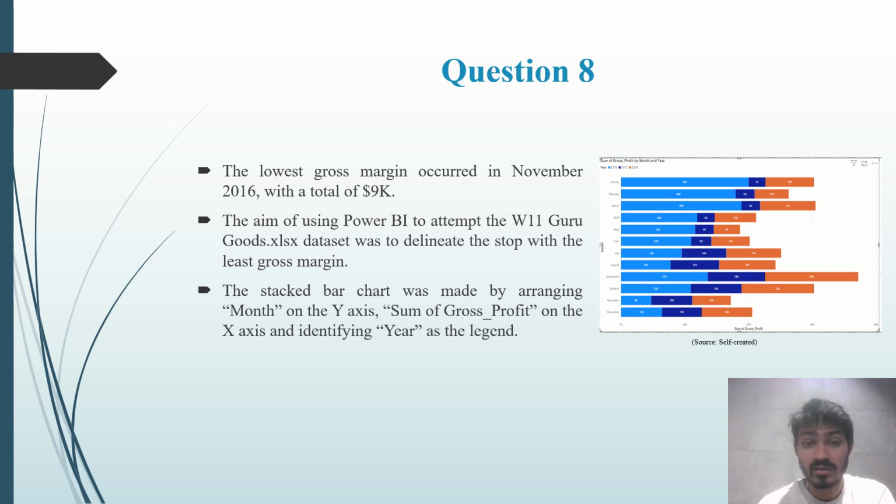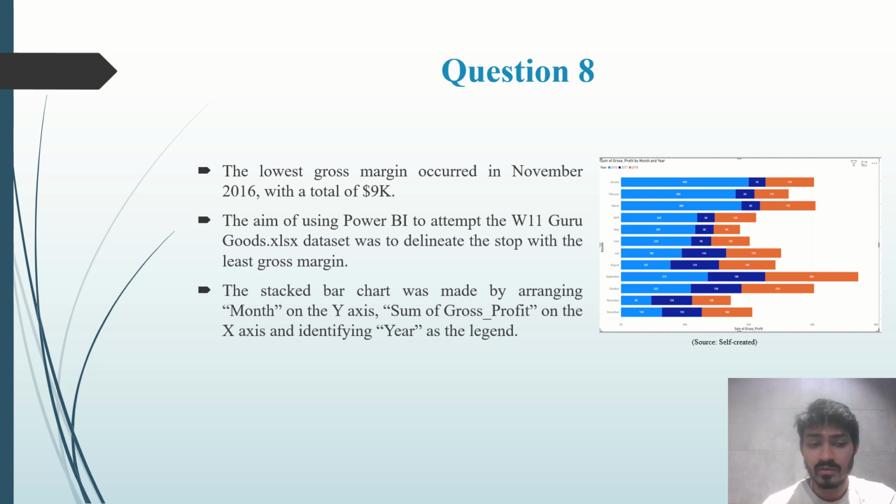For this year the lowest gross margin occurred in November 2016 with a total of about 9K dollars, which is quite low. I can say it is the least profitable month for that company, the month of November.